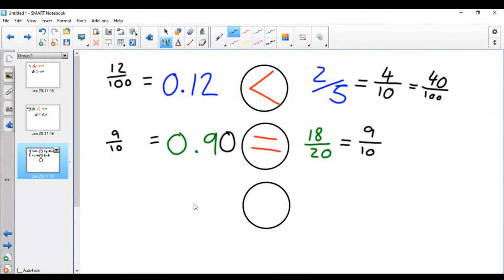And my final example here, I'm going to take 3/4 and compare it with the value of 0.66. So once again, I'm starting to think, what values do I know? How can I actually help myself here? Well, that's 66/100ths.